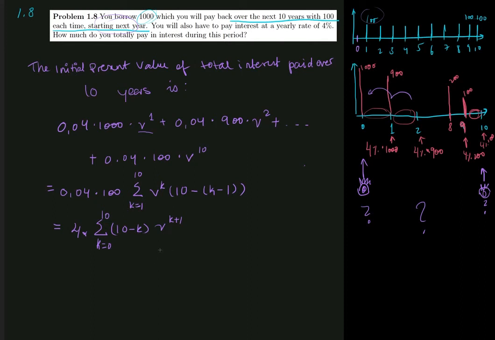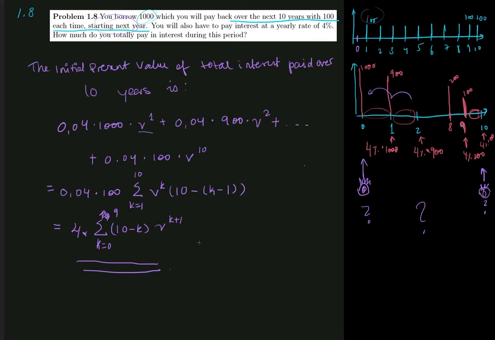Okay, so this is the final answer that I would propose for this exercise, and you can just try to plug in 4% in the place of i. Oh, sorry, not up to 10. It goes up to 9 up here because we've switched the indices. We've translated the index by minus 1. So then you can also try to plug in the i and then see what goes on.